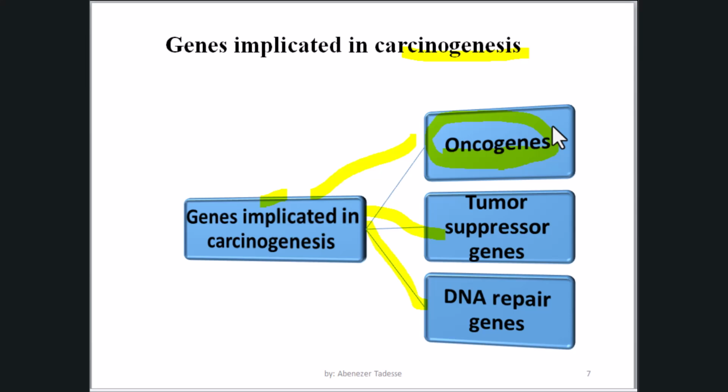Proto-oncogenes can be activated by growth factors, and after activation they can stimulate cyclin-dependent kinase and cyclin complex formation. This can lead to phosphorylation of the retinoblastoma protein.